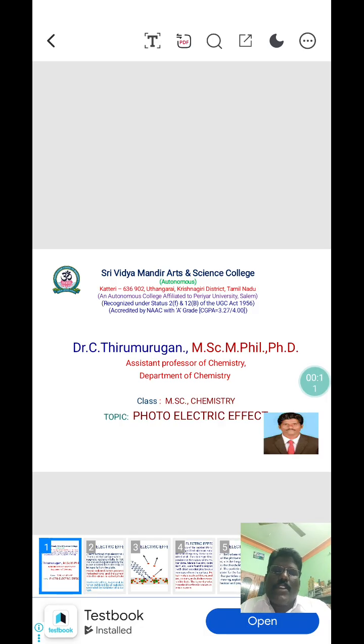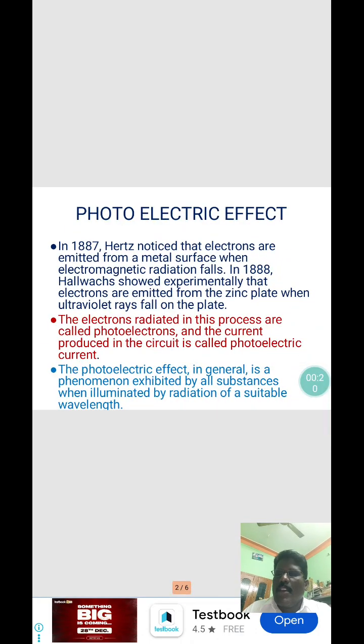So today we discuss the topic of the photoelectric effect. In 1887, Hertz noticed that electrons are emitted from a metal surface when electromagnetic radiation falls on it.